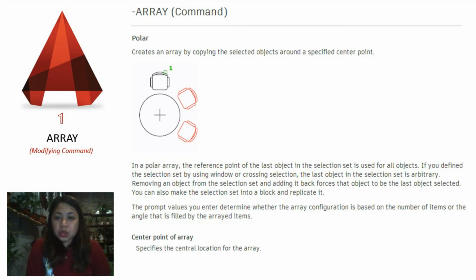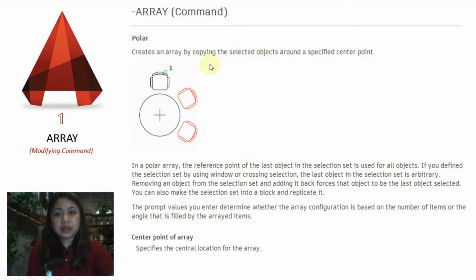You can also make the selection set into a block and replicate it. So the prompt values you enter determine whether the array configuration is based on the number of items or the angle that is filled by the array items. So the center point of the array specifies the central location of the array. So this is the central.